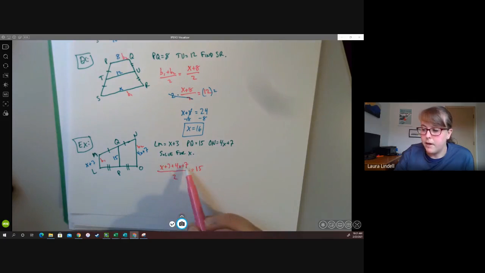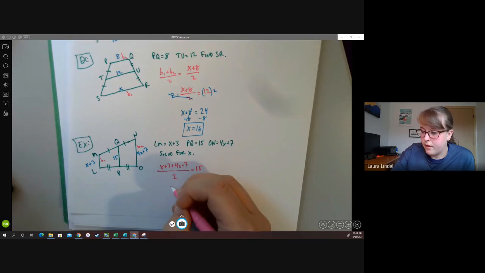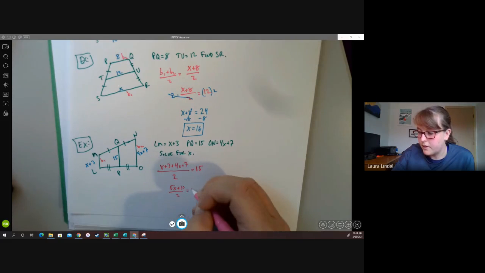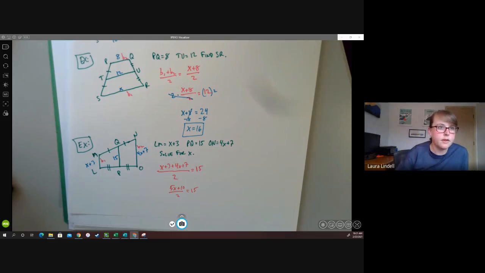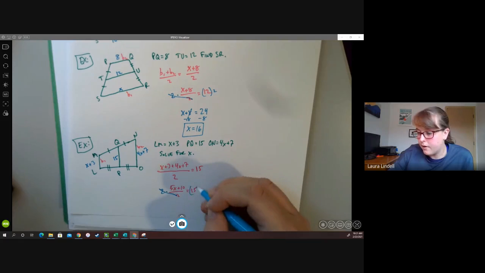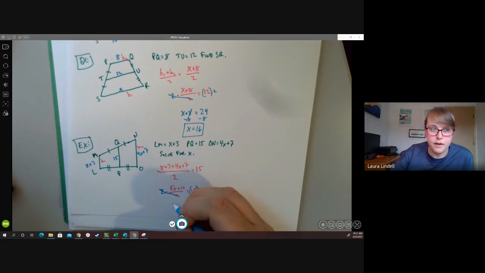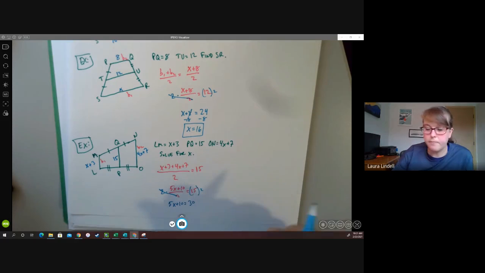So then we want to combine our like terms and get 5x plus 10 divided by 2 equals 15. Then we can multiply by 2 on both sides to get rid of the denominator. So we get 5x plus 10 equals 30.